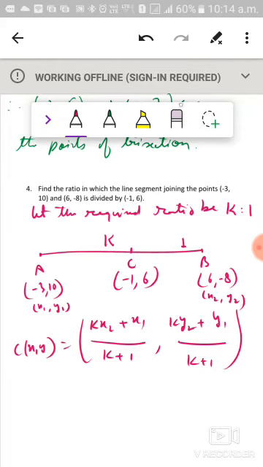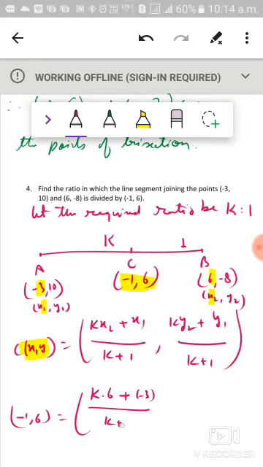Then applying the values, the coordinates of C are given, that is (minus 1, 6). So we write minus 1 comma 6 equals k times x2. What is x2? Here is x2, that is 6. K multiplied by 6 plus x1, this is x1, that is minus 3, by k plus 1.